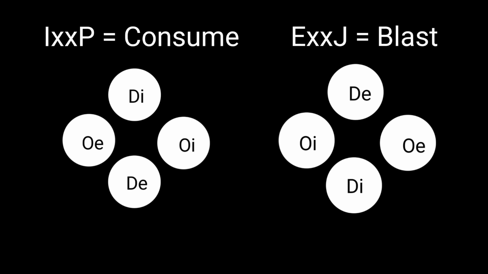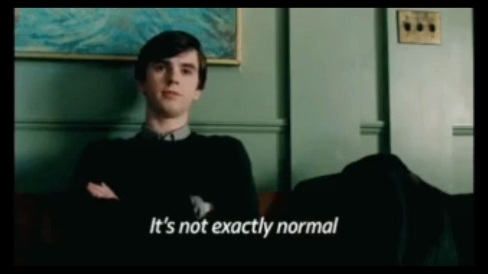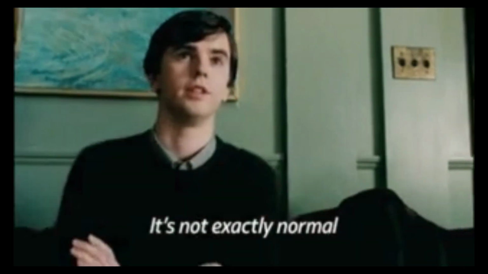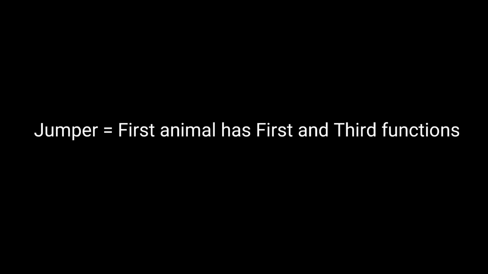Now, this is the standard IJ and the standard EP. However, you can get other types of IJs and EPs who don't use their second function in their first animal and instead jump over it and use their third. These types are called jumpers.